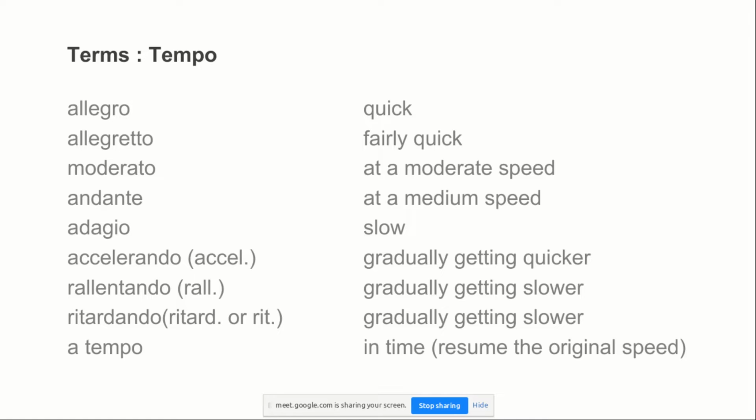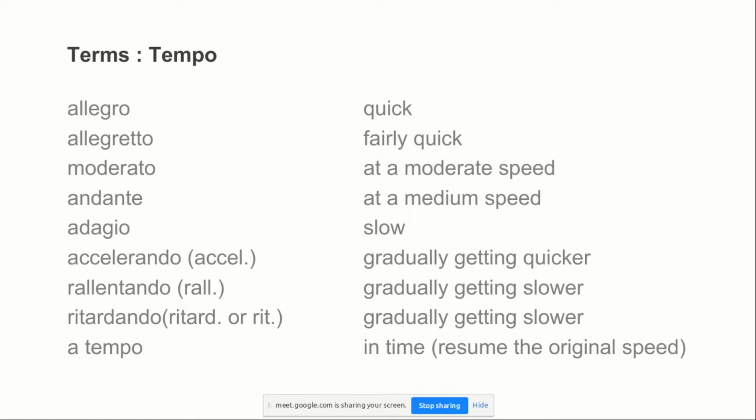And then when you go to the chorus, you might get a sign written a tempo. A tempo means in time, literally. But what it means, resume the original speed. So after slowing down, when you come to the chorus, you might find a tempo, and that means you start now going back to the original speed.